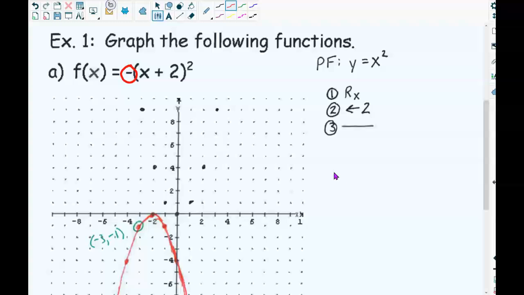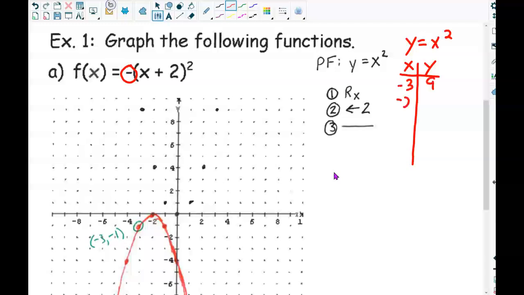So here's your parent function. -3 squared is 9. -2 squared is 4. -1 is 1. 0, 0. 1, 1. 2, 4. 3, 9. Those are the things I gave you, correct? I don't make a very good window, I know that. If you need to move that other desk, you can.